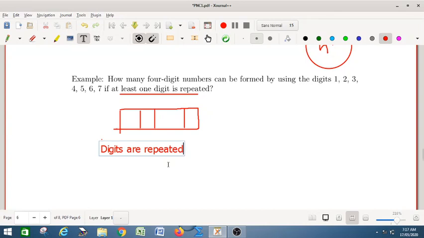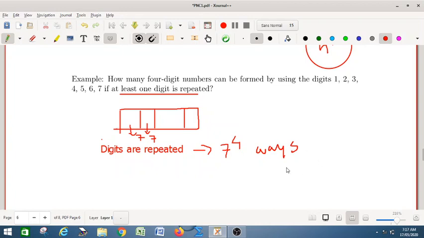So if digits are repeated, your number of ways is, for the first place you have 7, second place you have 7 choices, for the third place you have 7 choices, and so on. So the number of cases will be 7 to the power 4 ways, by the multiplication rule.